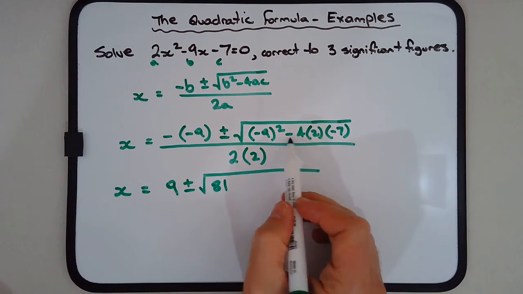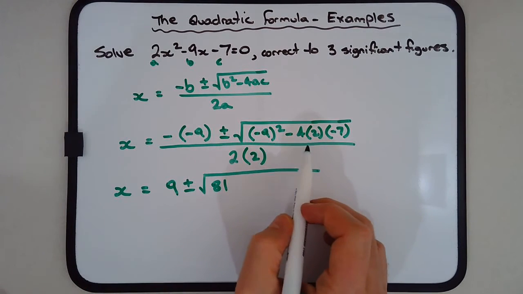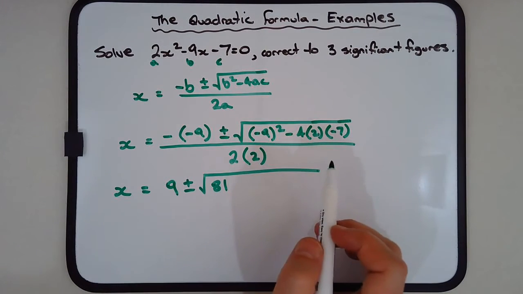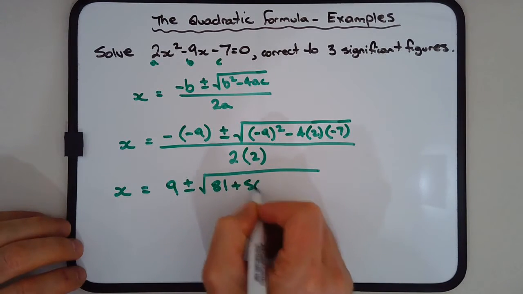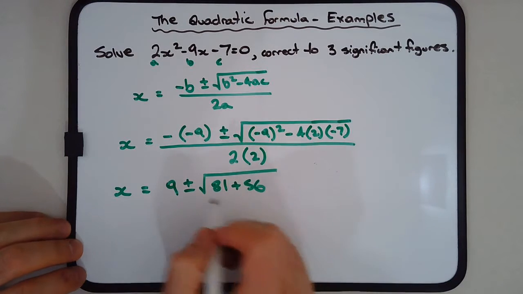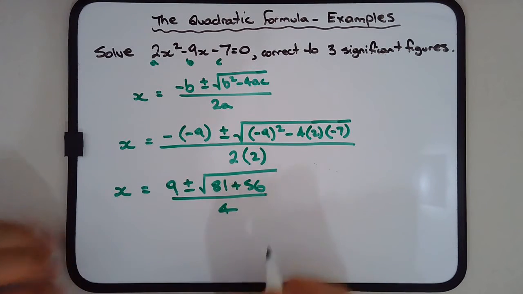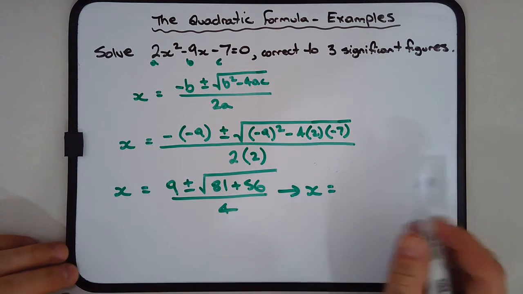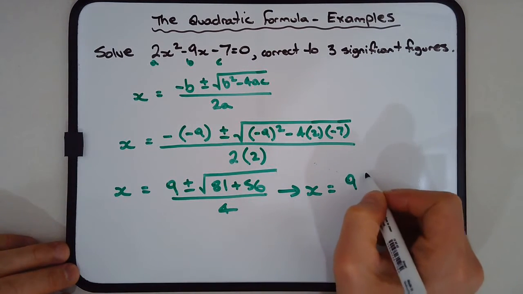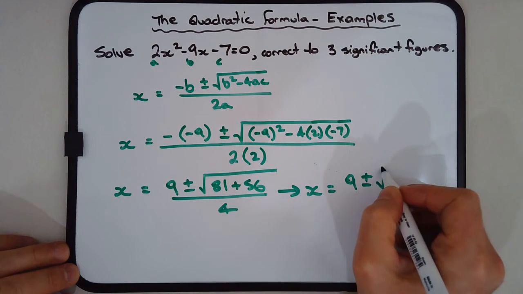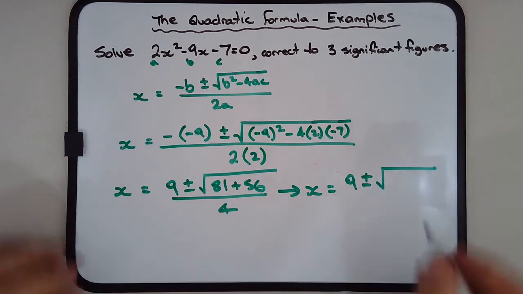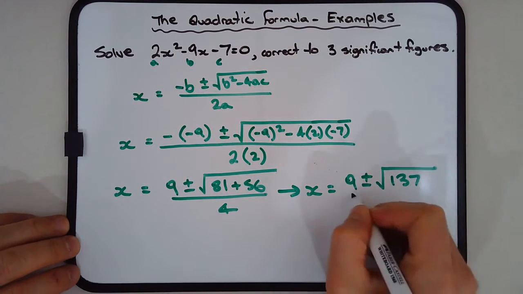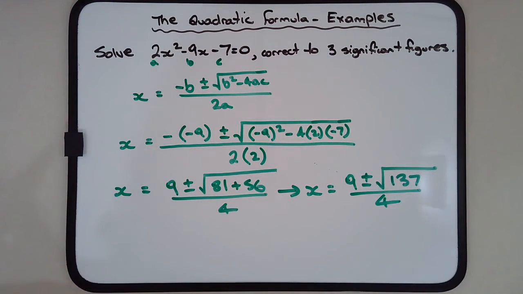Now we have a minus of a negative here, so that's 8 times 7, so it's going to be plus 56, over 4. Cleaning this up a little bit further: 9 plus or minus the square root of 137, over 4.